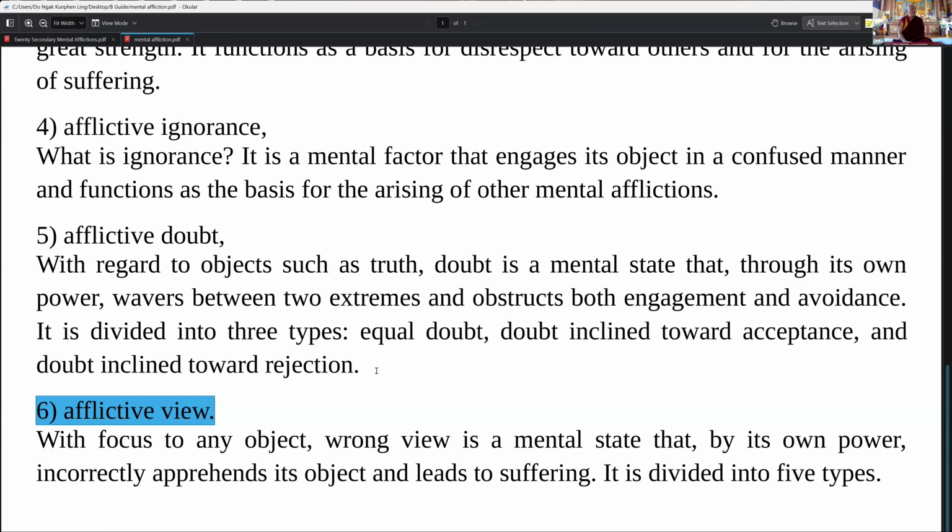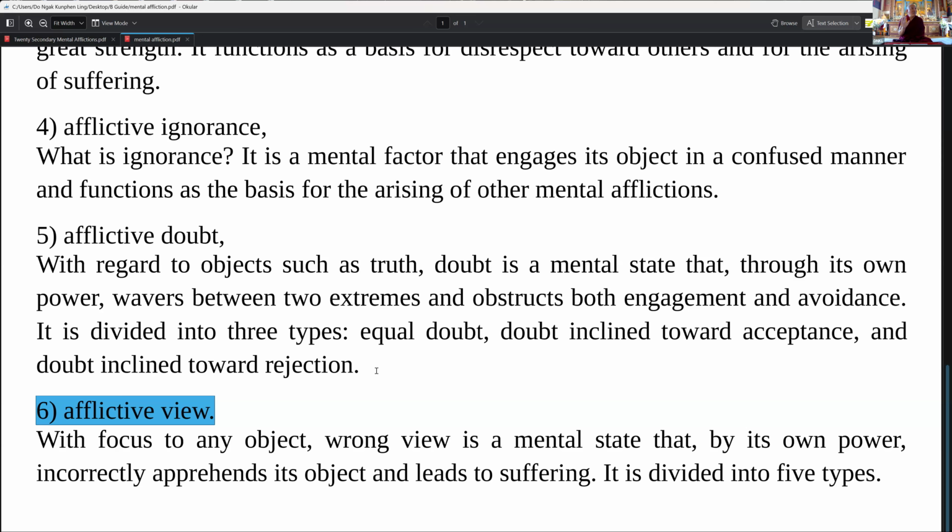And then would afflictive view cause afflictive doubt? Afflictive view, it will arise, but it's not necessarily afflictive doubt. Afflictive view is when you're deciding something; you are comprehending some object. Doubt is not comprehending any object, right? It's just in the middle. You do not know what is right or wrong.